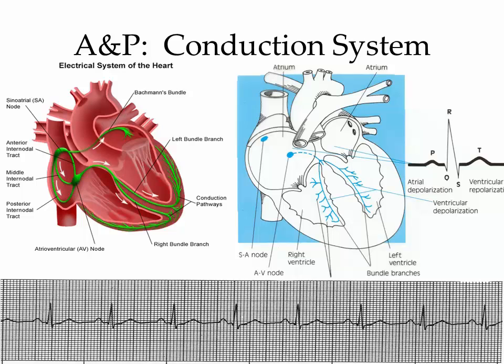The AV node fires, sends the signal to the bundle branches, and now the ventricles will contract. That increases the pressure in the ventricles, causing the tricuspid and mitral valves to close and the aortic and pulmonic valves to open, which then causes blood to be forced out of the ventricles and into the body or into the lungs, wherever it might be going.